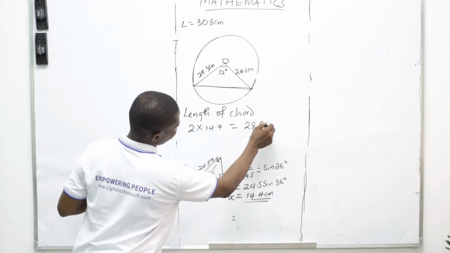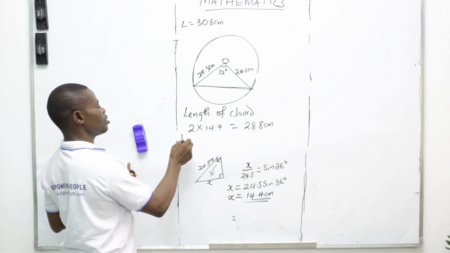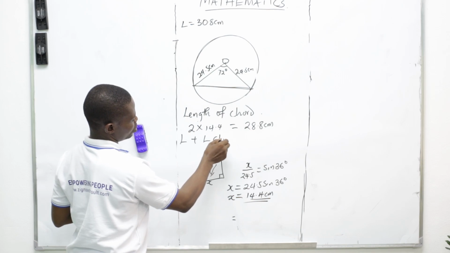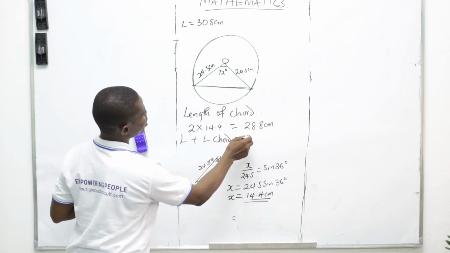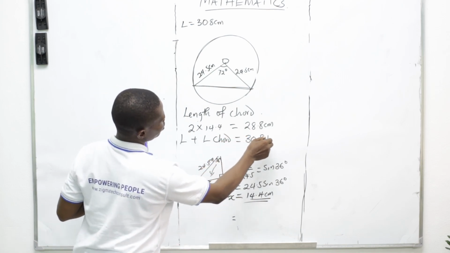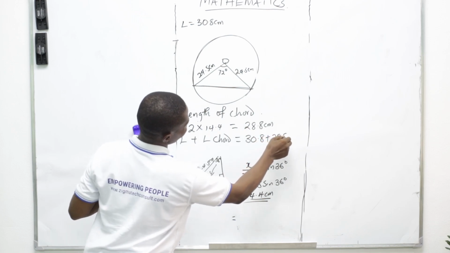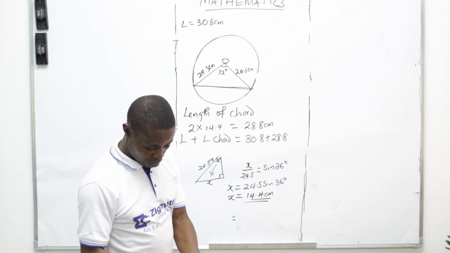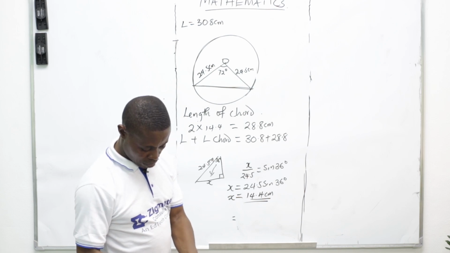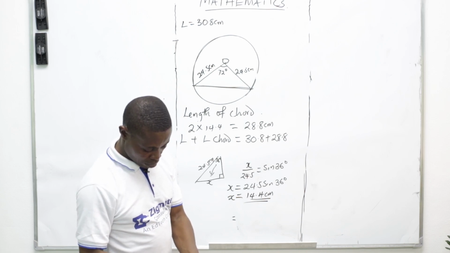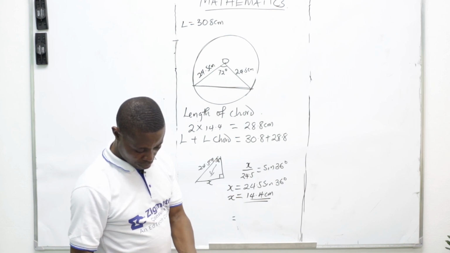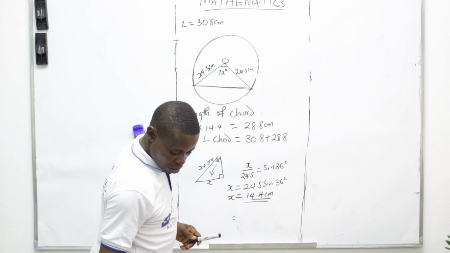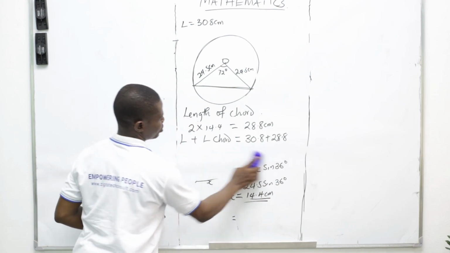28.8 cm. Now, length of arc plus length of chord equals 30.8 plus 28.8, which gives 59.6 centimeter.